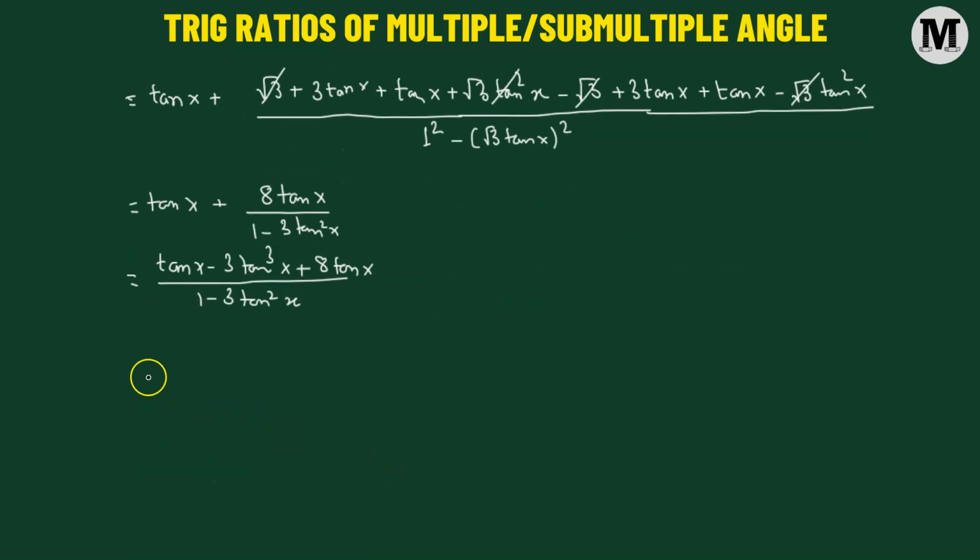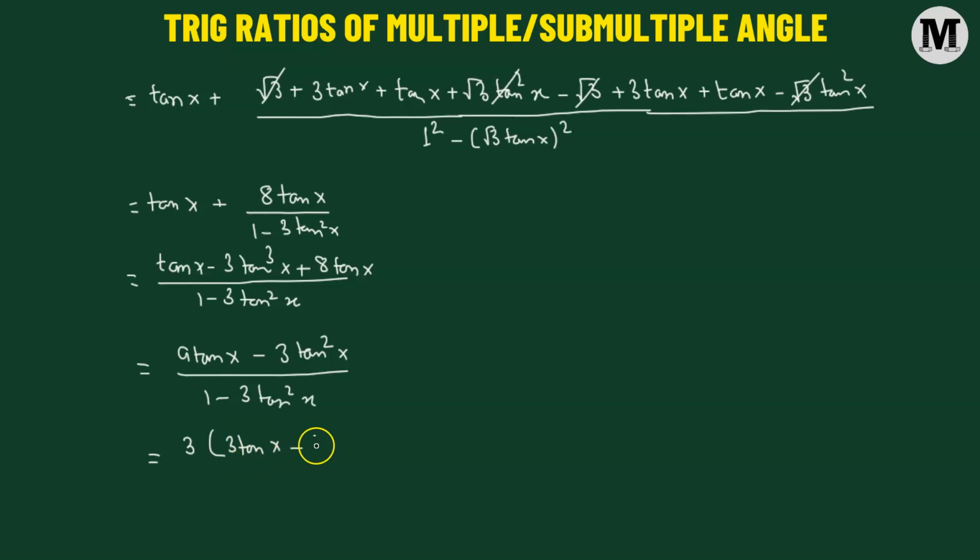So we have 9 tangent of x minus 3 multiplied to tangent cubed x whole divided by 1 minus 3 times tangent squared x. So let's take 3 as the common factor in the numerator. So we have 3 times 3 tangent of x minus tangent cubed x divided by 1 minus 3 tangent squared x.